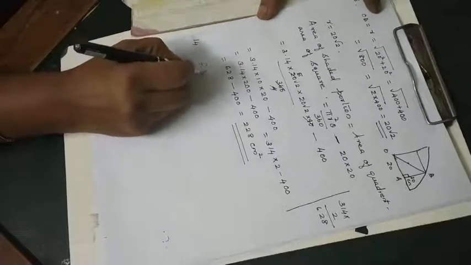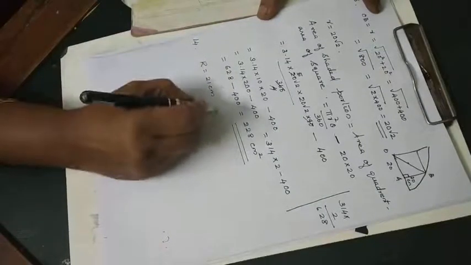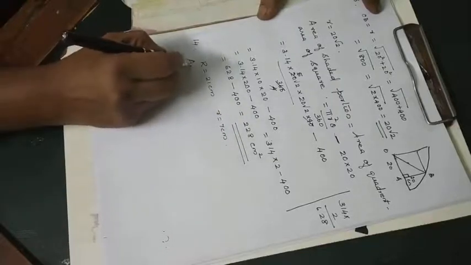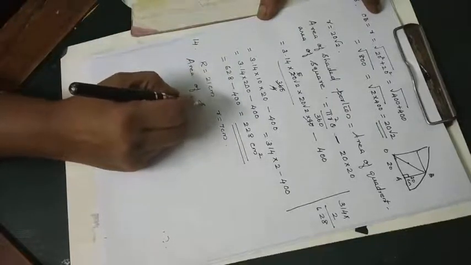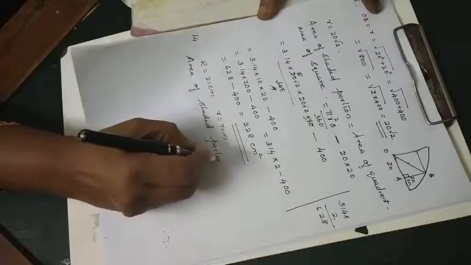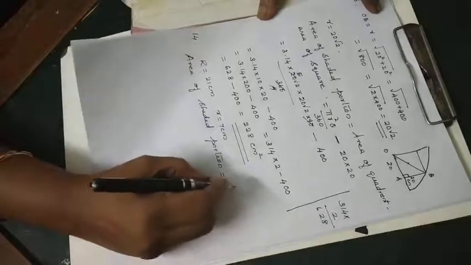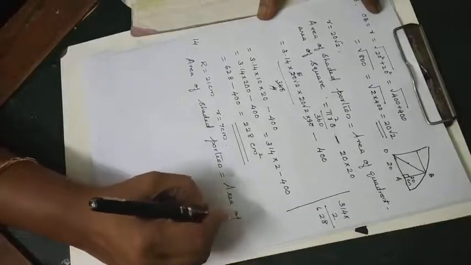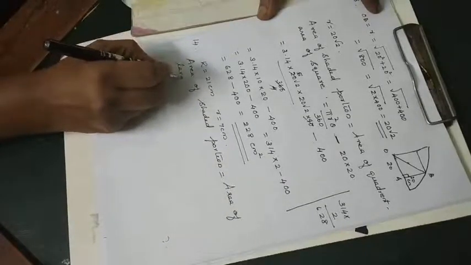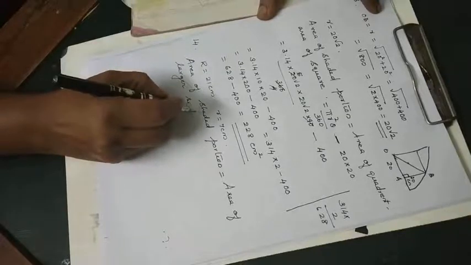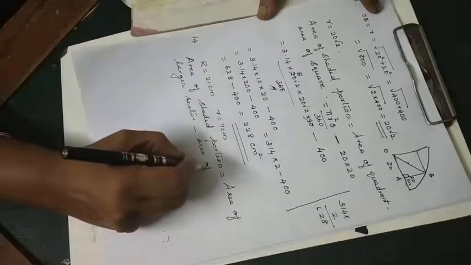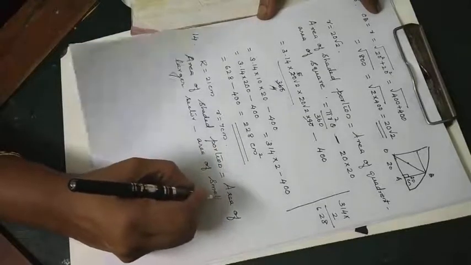Capital R is equal to 21 centimeter and small r is equal to 7 centimeter. Area of shaded portion is equal to area of larger sector minus area of smaller sector.